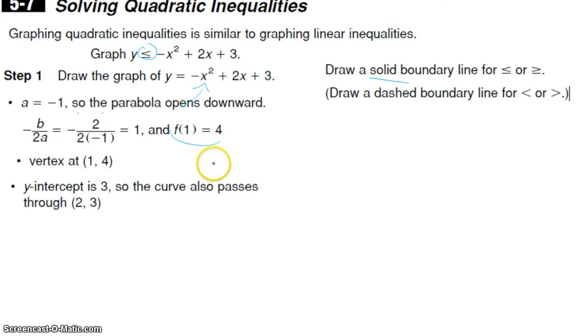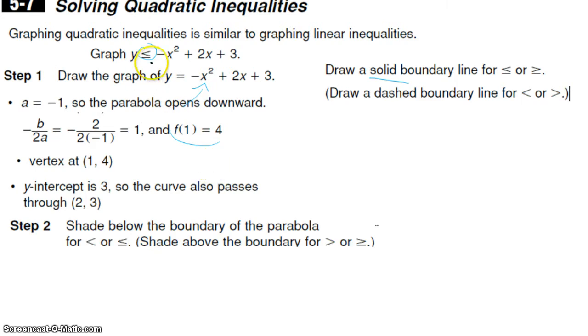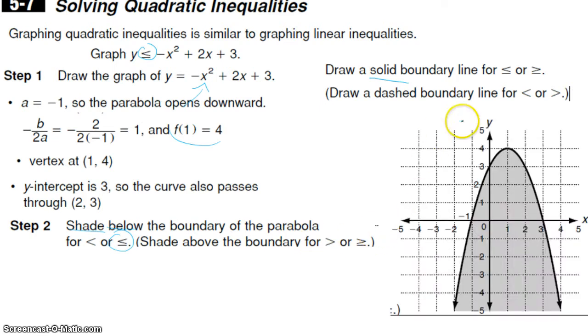And then we're going to talk about our shading. That has not changed either. This is a less than. So we're going to shade below because this is a less than or equals. If it happens to be above, then we shade above for greater than or equal.